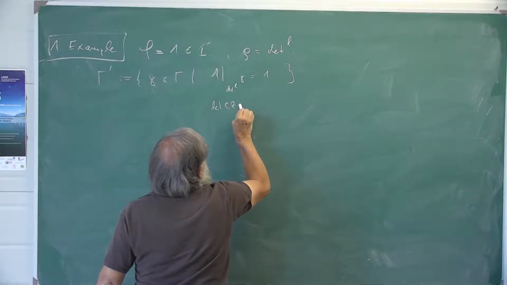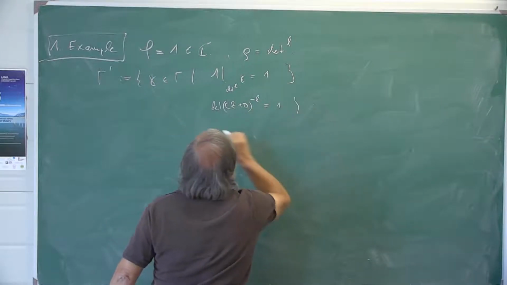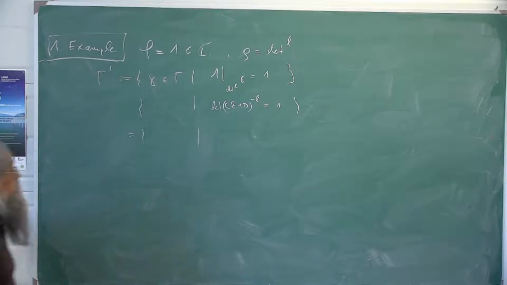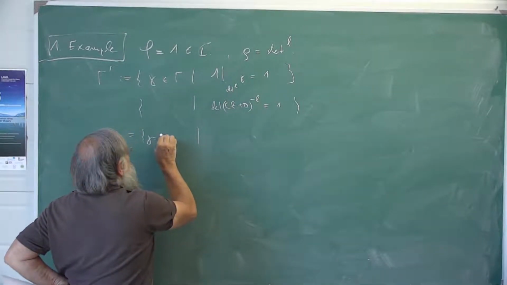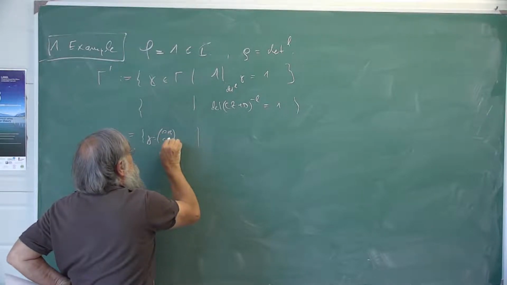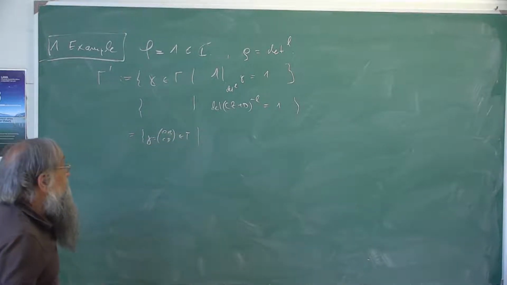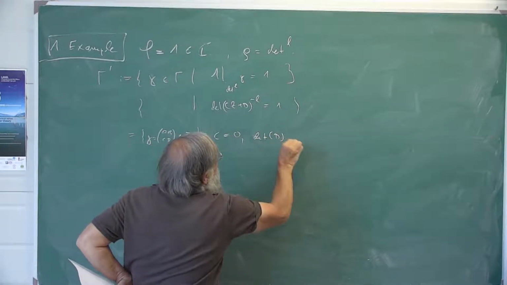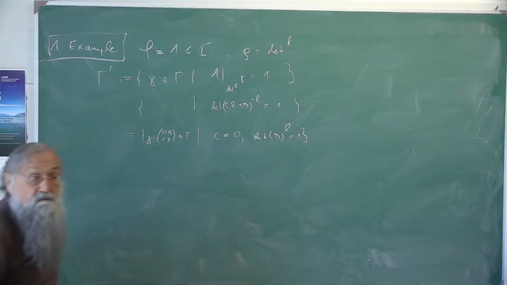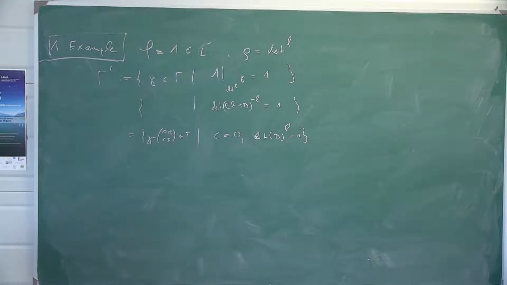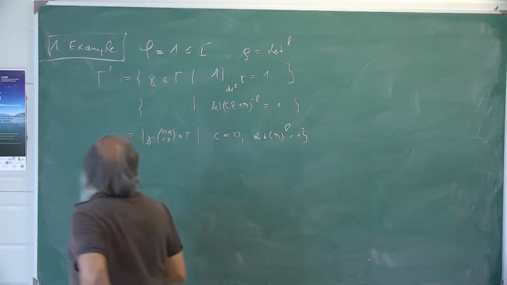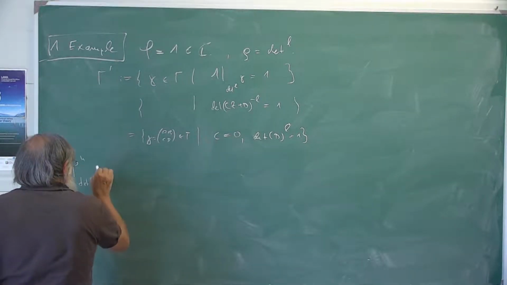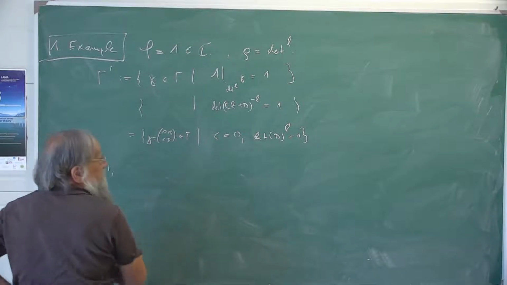It means the determinant of Cz plus d to the minus L is 1, identically 1 in Z. This means Z is 0 and the determinant of d to the L is 1.